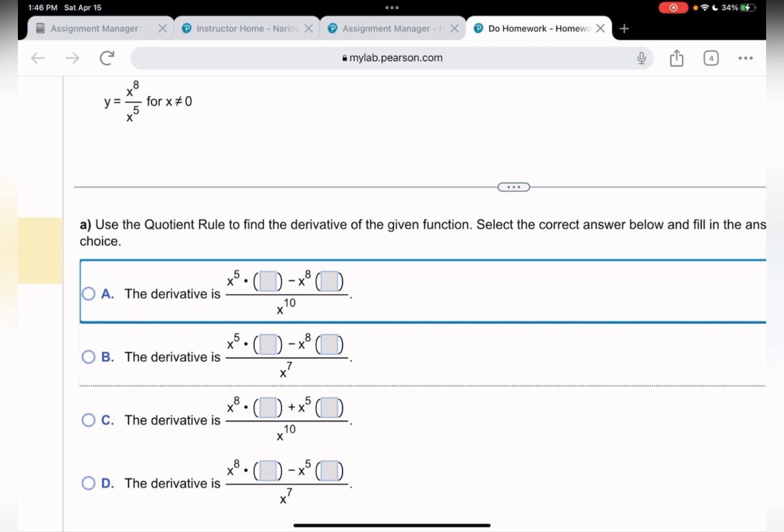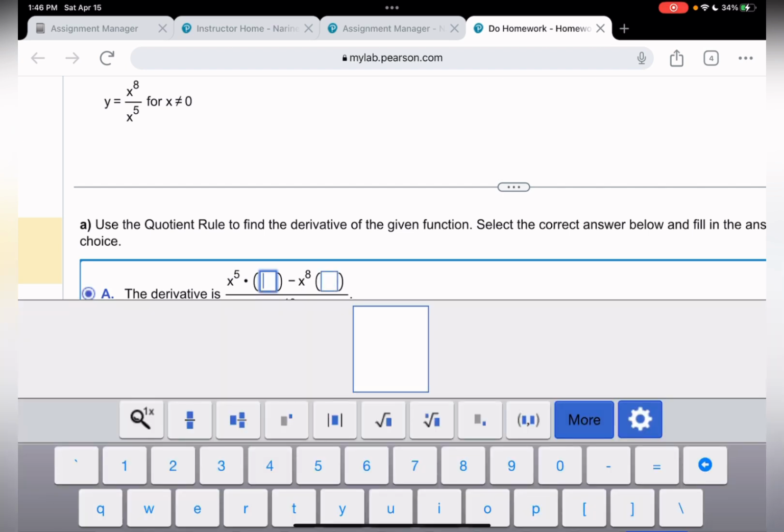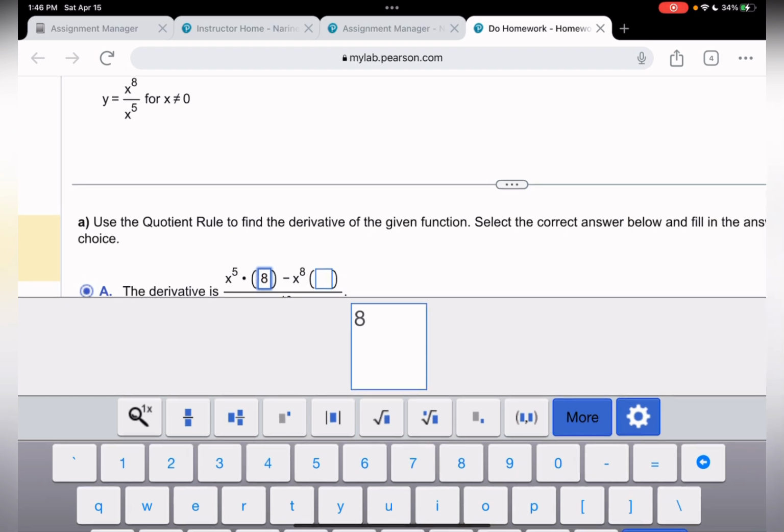So x to 5 is there, and we're going to put the prime of x to 8, prime meaning derivative, which is going to be 8x to 7, yes?